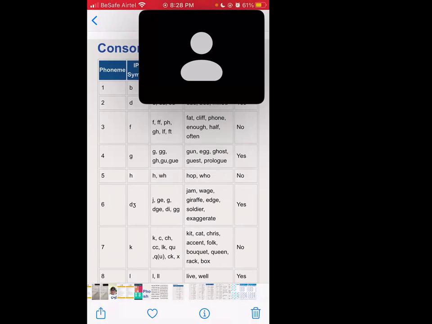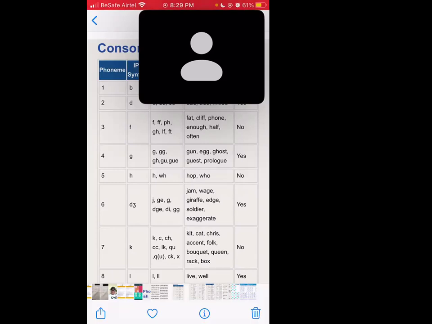You have kit, cat, Chris. As you can see, in the word Chris, the CH there is representing the sound K. The next word you have is accent. You have double C there, giving us the sound K. Now the next one is folk. You have LK there, but the L is silent, giving us only the K sound.